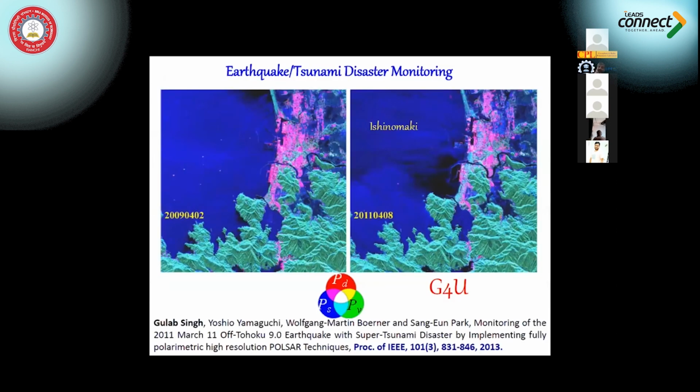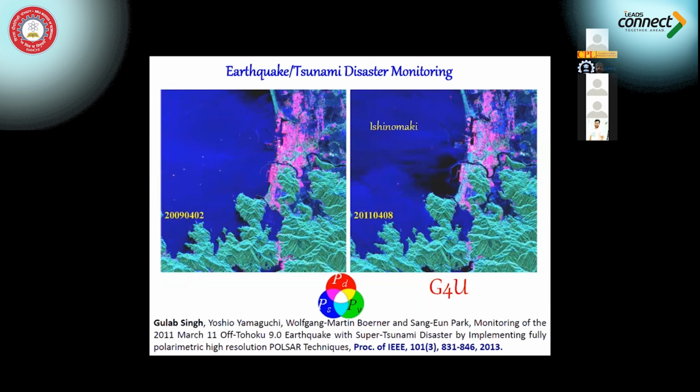Now these are the kinds of interpretation we will try to understand using images. Here two images are there. One is pre-disaster, another is post-disaster. This was the Tohoku earthquake in March 2011, and one image was captured well before this event.